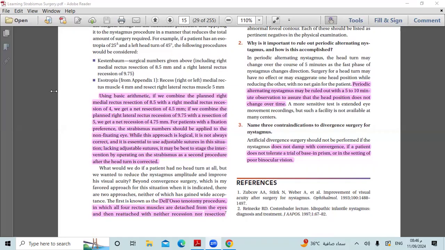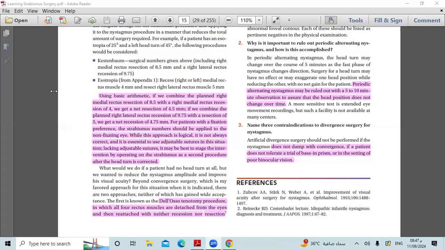Okay, let us revise the insertion of the muscles. The insertion of the recti muscles is in front of the equator of the eye, and the insertion of the oblique muscles is behind the equator. Just imagine with me, if you do a tenectomy for an oblique muscle like the inferior oblique or superior oblique, would the palpebral fissure be narrower or wider after the procedure?